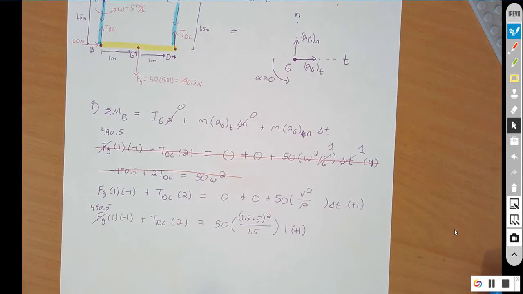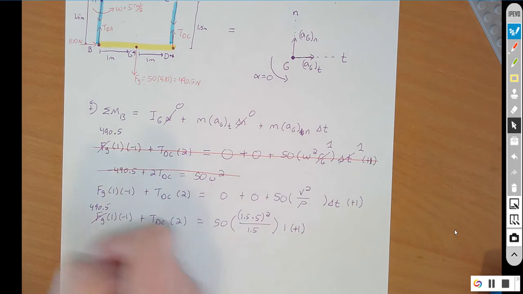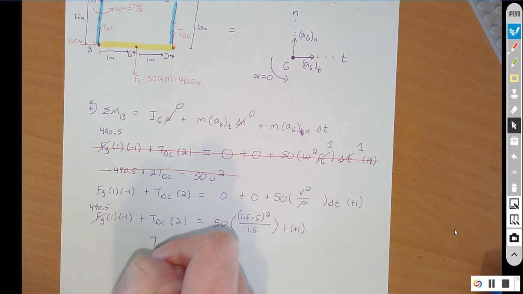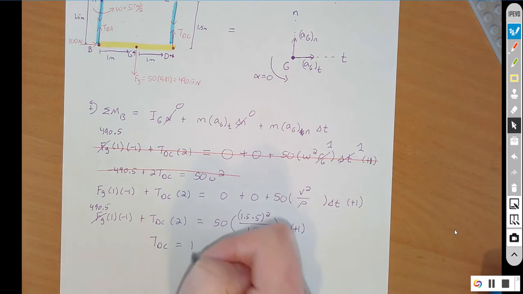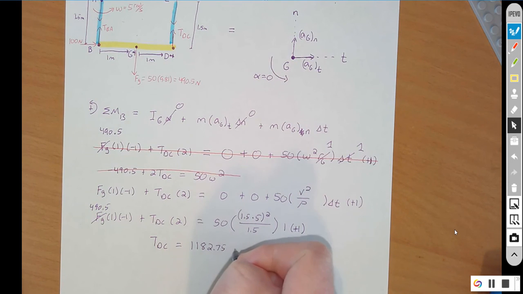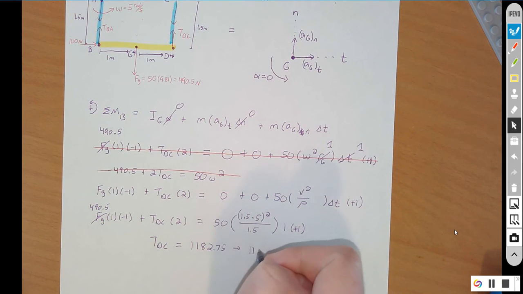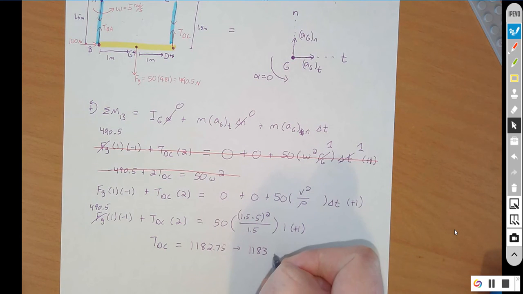And so now we can solve this for tension DC, and it will come out to be 1,182.75, which, if we keep 4 sig figs, is 1183 newtons.